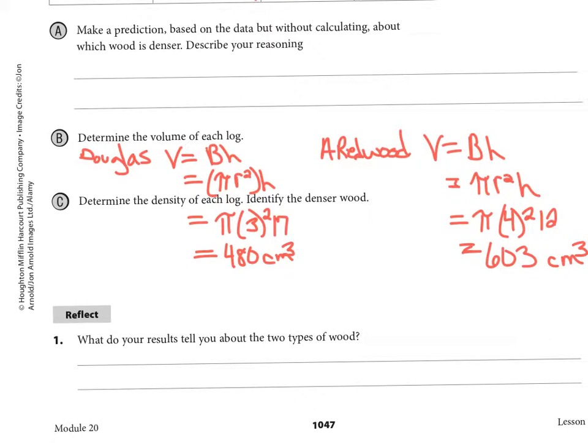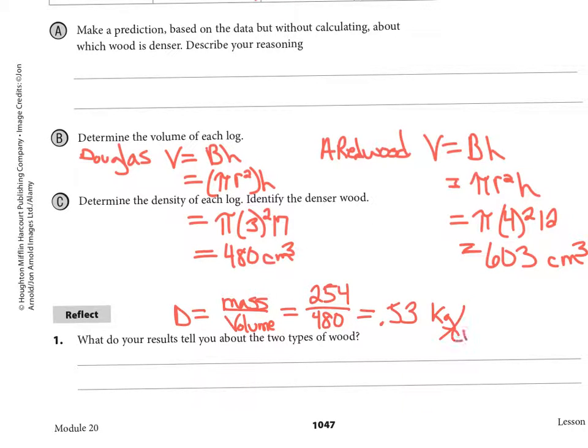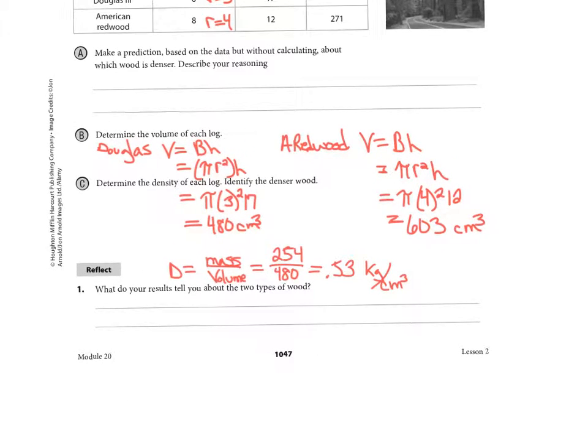So now we're going to do the density. Density equals mass divided by volume. And the mass of the Douglas is 254 divided by 480, which is going to give us about 0.53 kilograms per centimeter cubed.